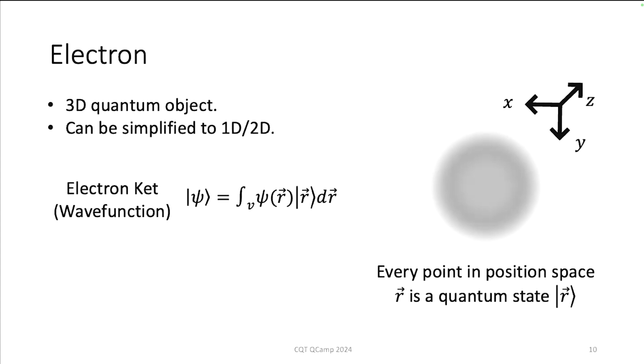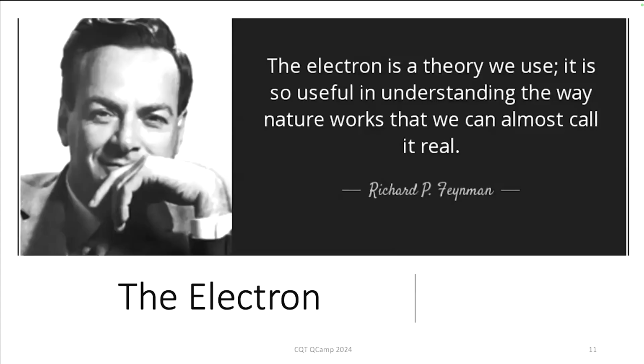And instead of a summation, we have an integral, because it's now a continuous summation. It's not a discrete summation like we did with qubits or in discrete space. Now it's a continuum space. So that is the electron.